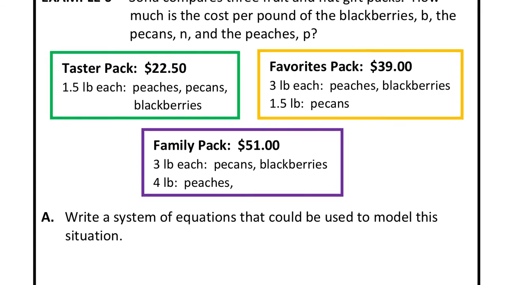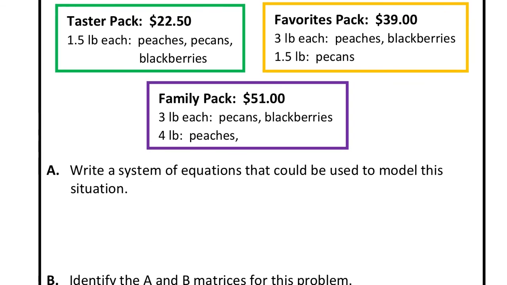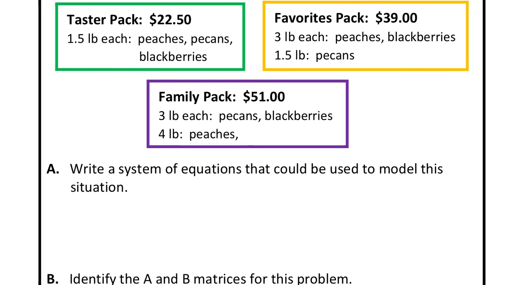Okay. So to set up this equation, if I look at the different taste packs, or nut and fruit packs, let's look at the green one, for example. It says 1.5 pound each for these three nuts and fruits, so each one's going to be multiplied by 1.5. So you're multiplying 1.5 pound each, and it's going to cost $22.50.